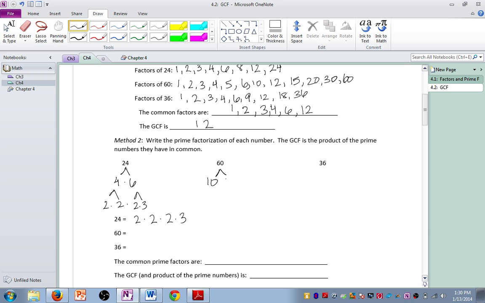When I factor out 60, I get the prime factors of 2 times 2 times 3 times 5.